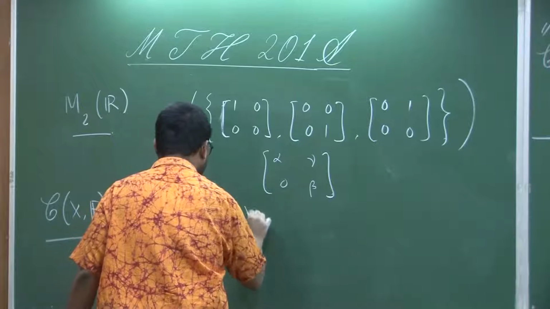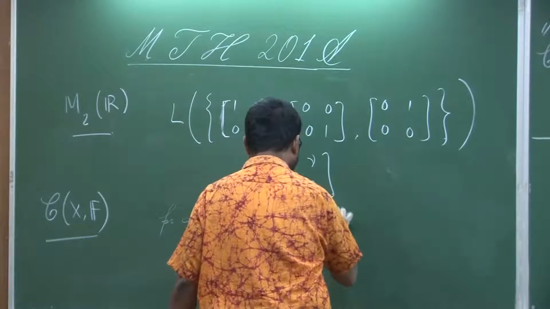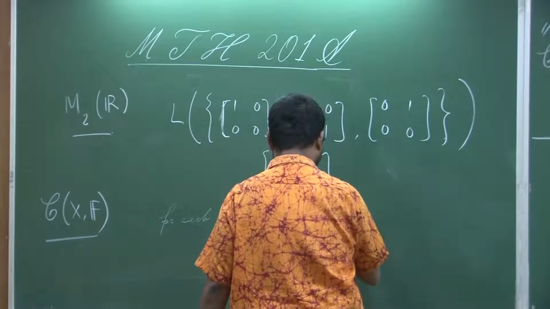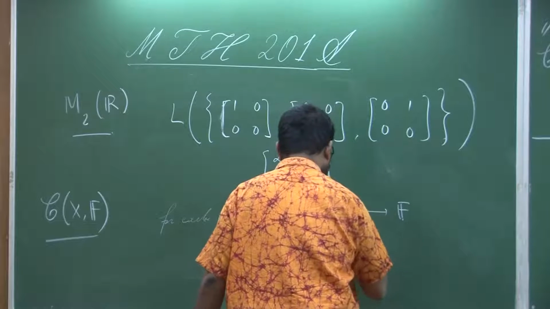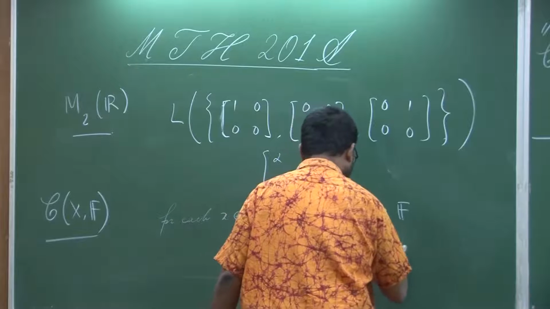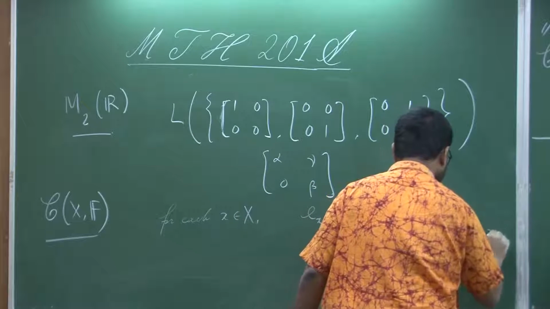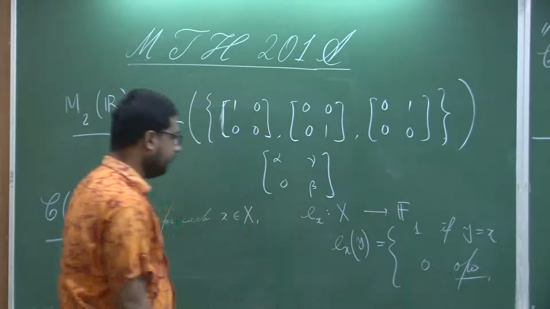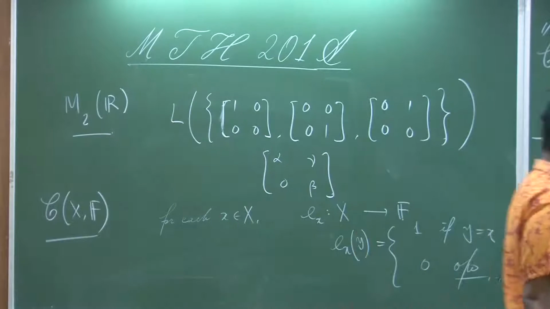For each x in X, let us consider the following mapping. E_x is defined as a map from X to F. How is that map defined? E_x of y is 1 if y is x, and 0 otherwise.